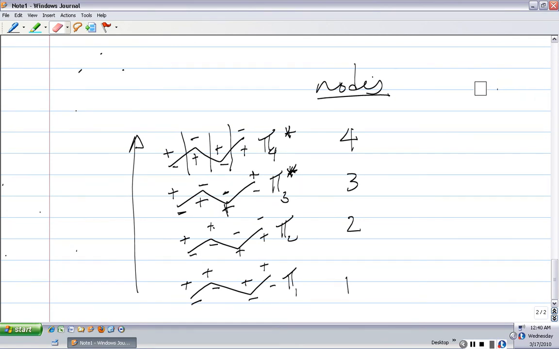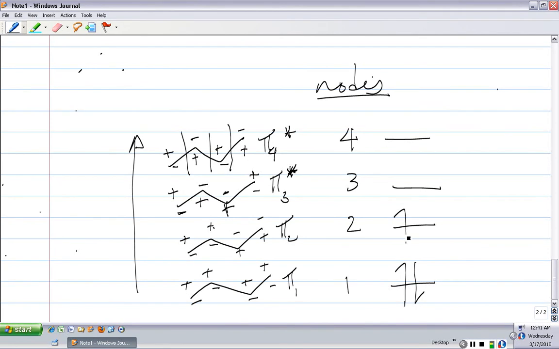Well, what is the electron distribution, what is the electronic configuration of 1,3-butadiene? How many electrons do I have? I've got 4, because I've got 2 pi bonds. Aufbau says the first goes into pi 1. Pauli says the second is accommodated in pi 1 as long as they're spin paired.